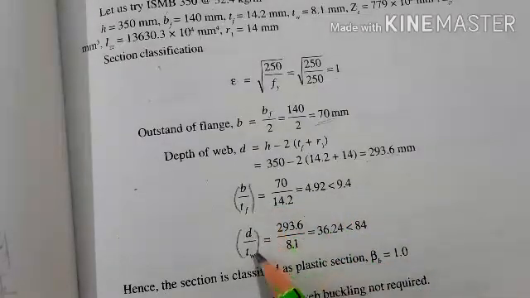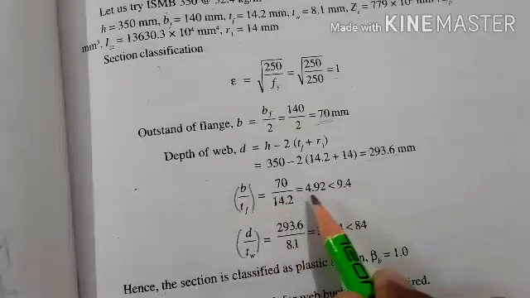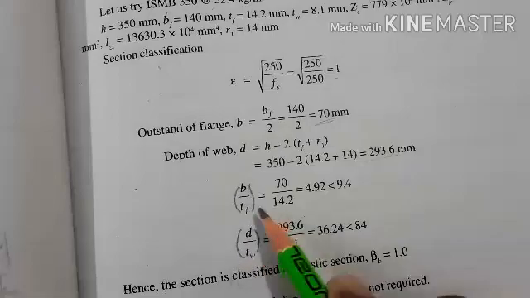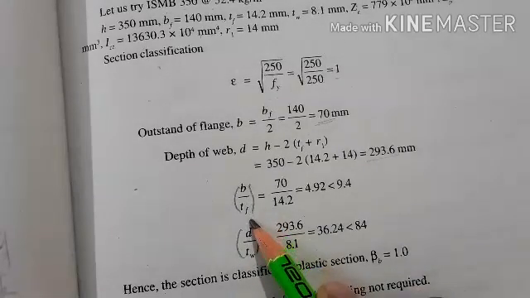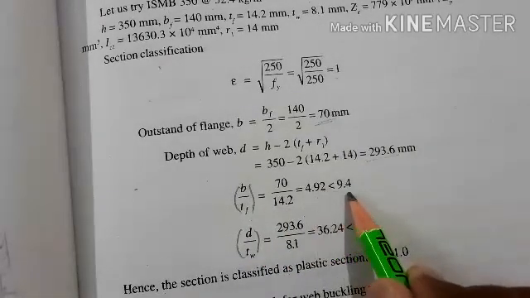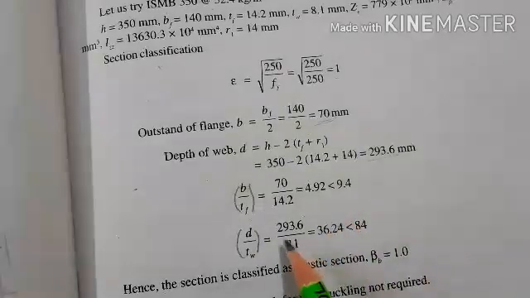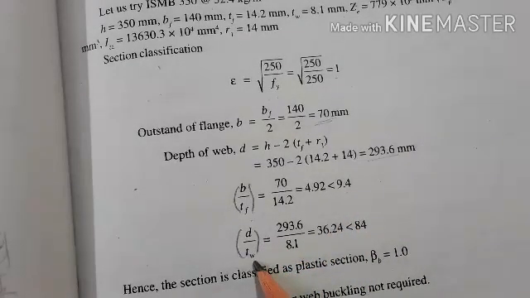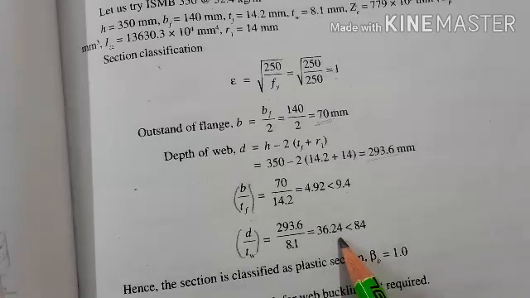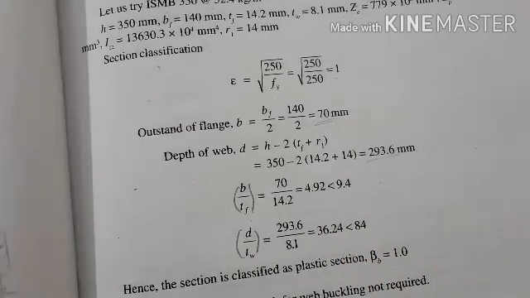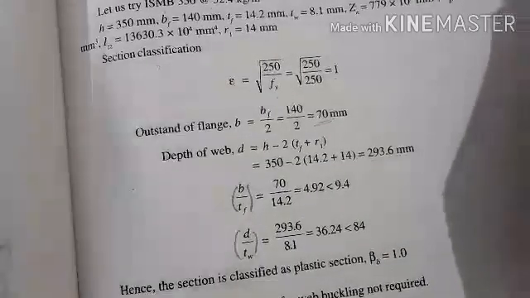The flange to thickness ratio will be 4.92, which is less than 9.4, and the depth to thickness of web will give 36.24, which is less than 84, which represents that the chosen section is a plastic section.